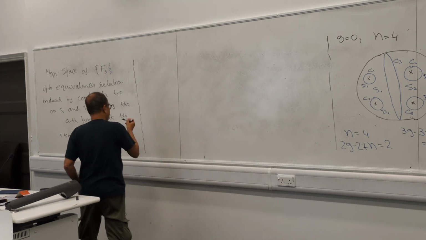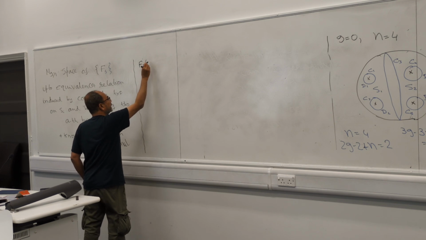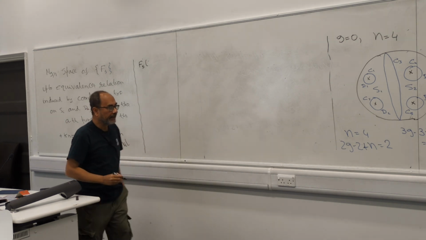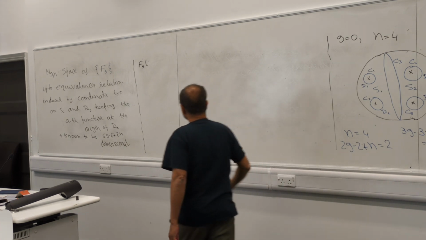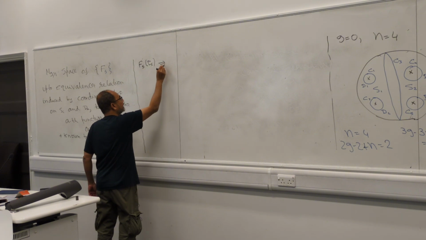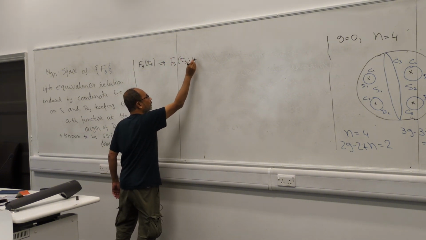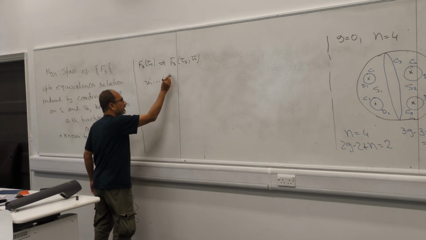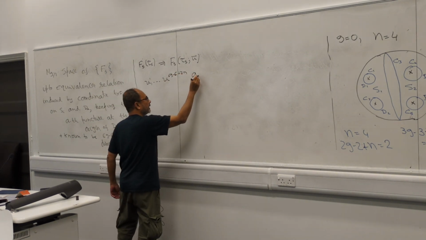So a label then Fs. Instead of writing Sigma as Fs of tau s, we'll write this as Fs of tau s and u, where u1 to u 6g minus 6 plus 2n are the coordinates on the moduli space.